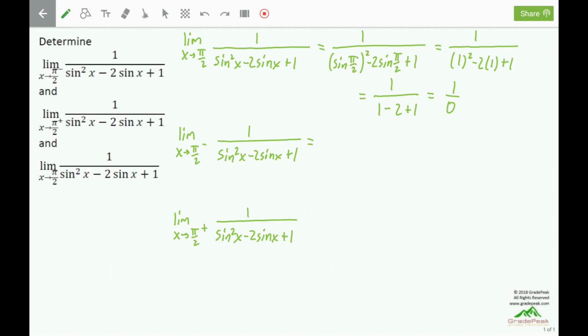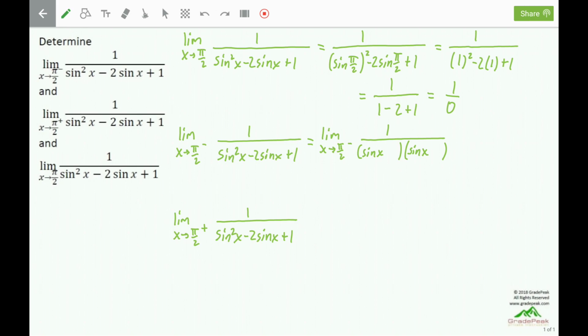The denominator is actually a trinomial quadratic, and therefore we will want to factor that before anything else. So if the limit is x approaches pi over 2 from the left side of 1 over, it's a trinomial quadratic since there is a sine squared term, a sine term, and then a constant term. It will factor into a sine x and another sine x.